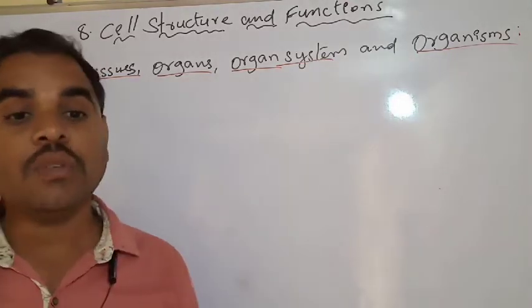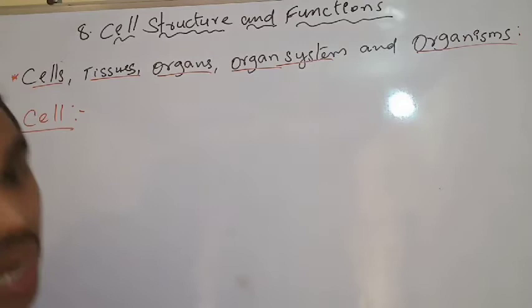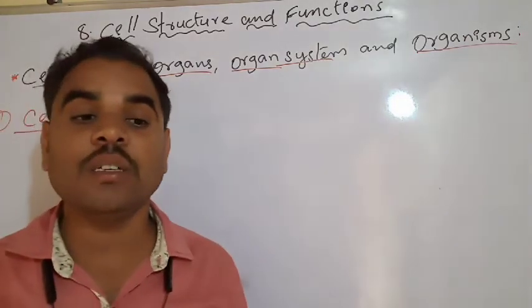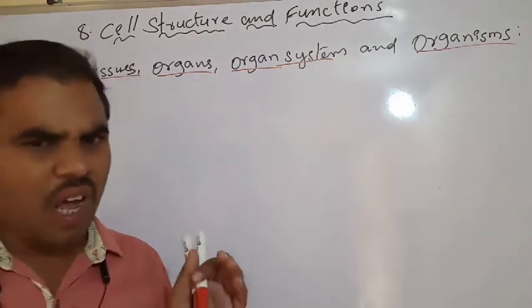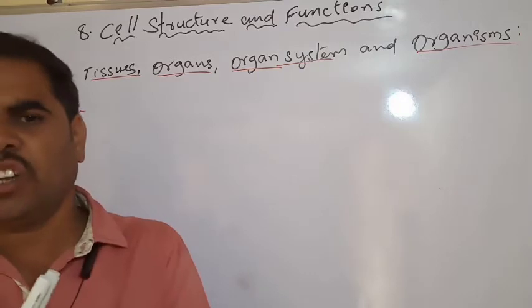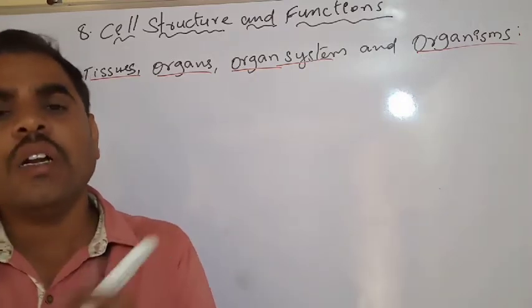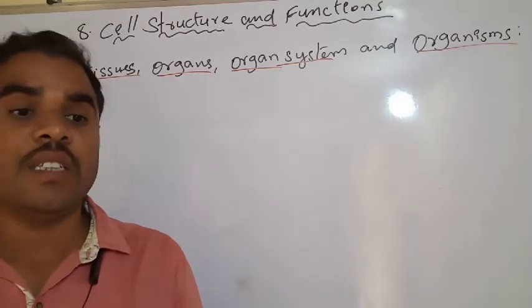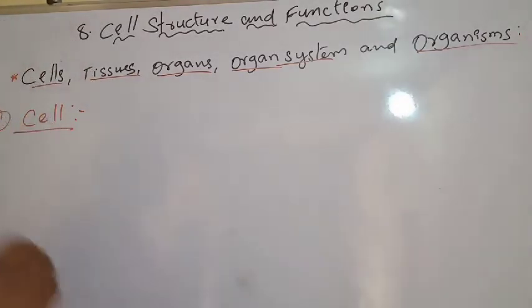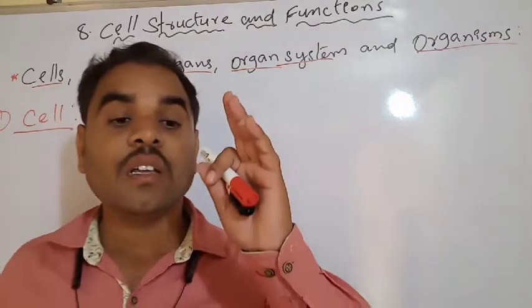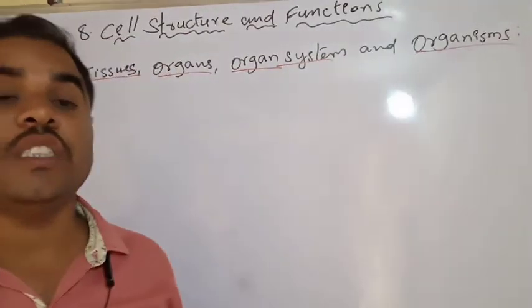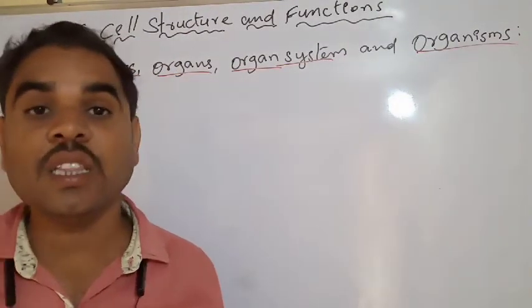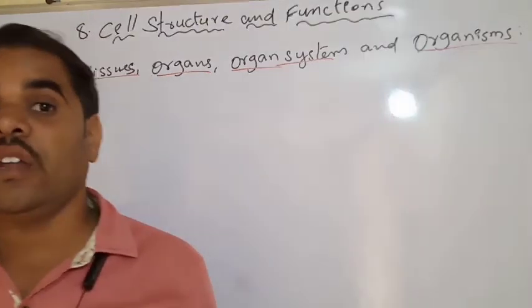Next, the cells of multicellular organisms are not all similar. Are all cells similar in a multicellular organism? No, there are different cells, and their functions are also different. They are of many different shapes and sizes.